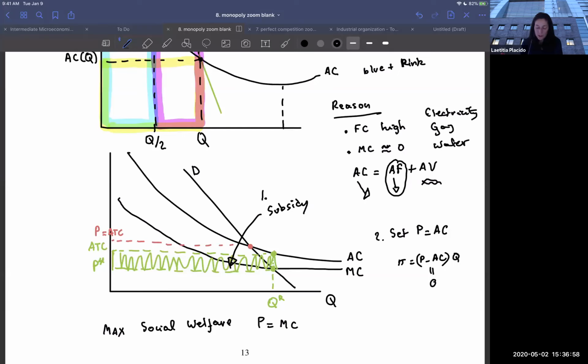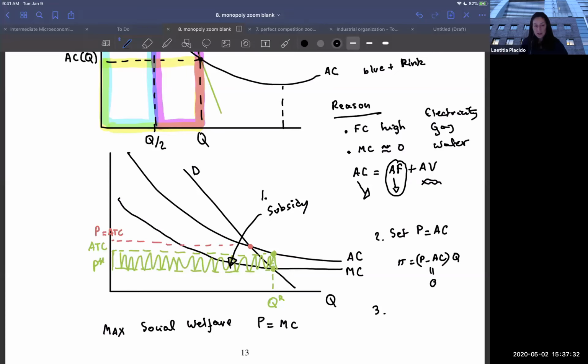Another solution, a last solution, I don't remember if it has a name. The last solution is to identify two groups of customers, like high value customers and low value customers. For instance, high value customers may be businesses, and low value customers may be houses, families.